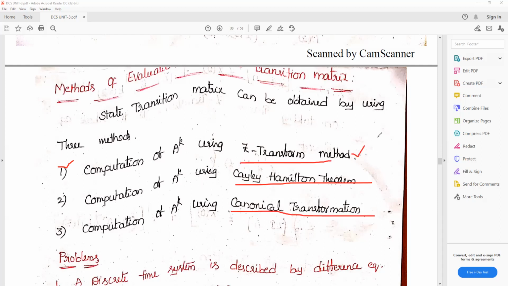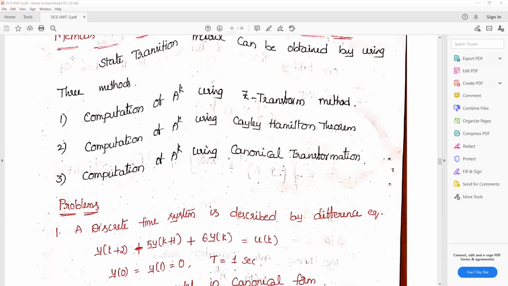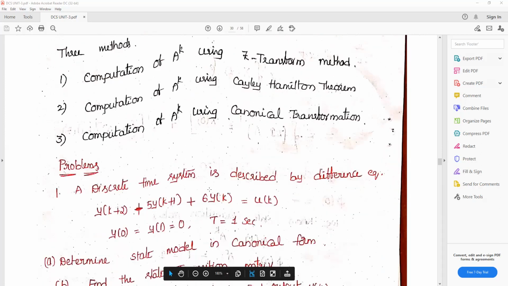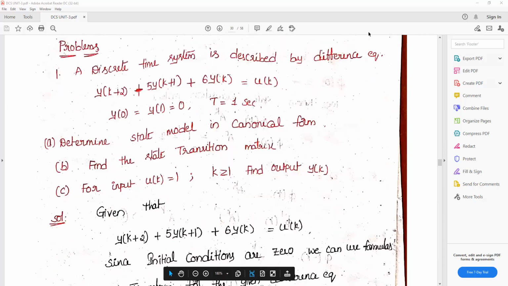So, Z transform method, Cayley-Hamilton method, canonical transform method. These are the three methods for solving the state transition matrix. So the first problem is a very, very important state transition matrix problem.